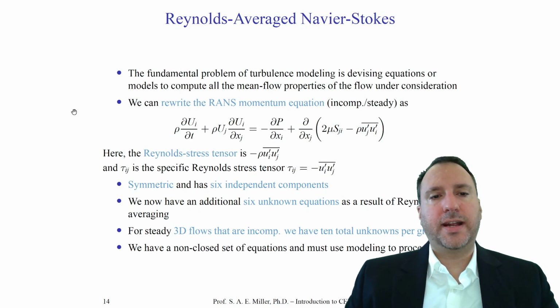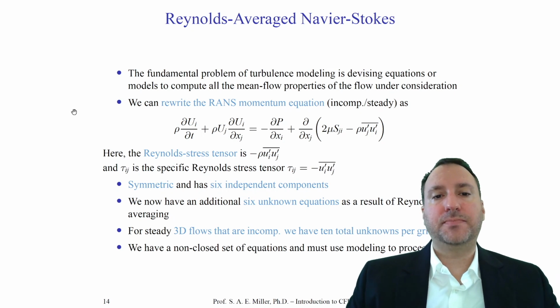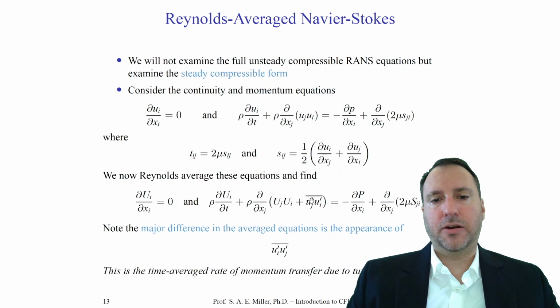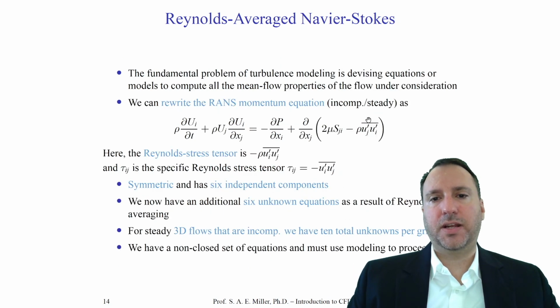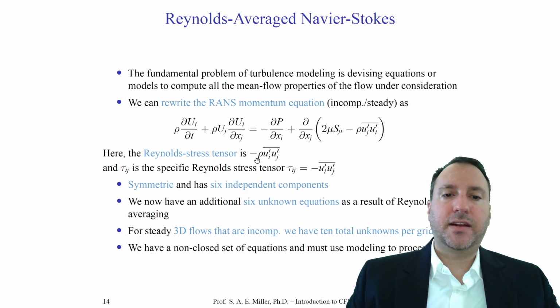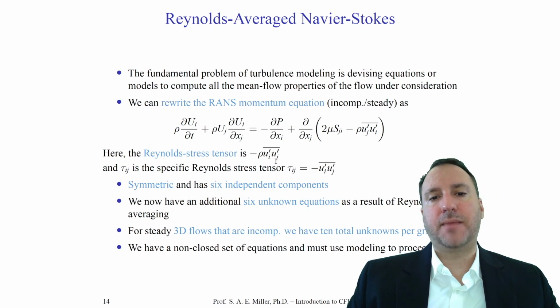So we can try and rewrite the RANS momentum equation in a different way. We might move that Reynolds stress term to the right-hand side and group it with this partial derivative here. That's a simple operation to do. Here we formally define the Reynolds stress term as negative rho u_i prime u_j prime bar. That is the negative of the density times the time average of u_i prime u_j prime, the fluctuating velocities.